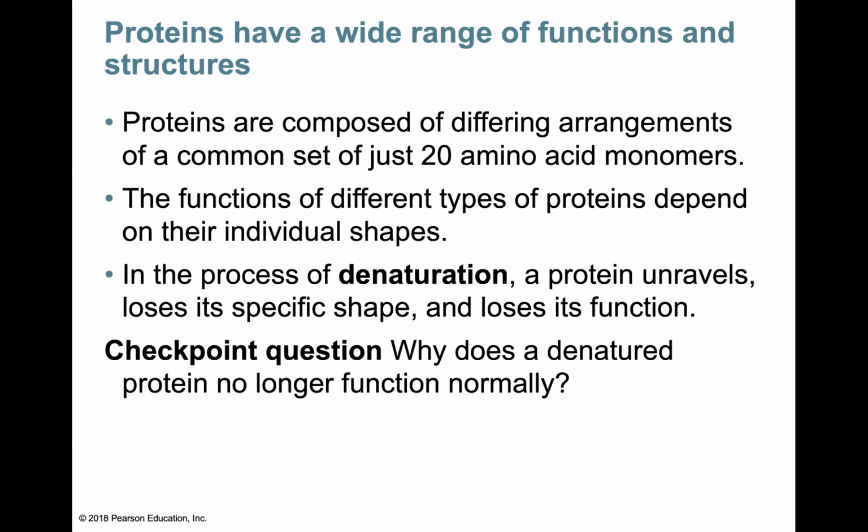It's losing its original shape. And we know that there is a direct relationship between structure and function of biological molecules. So checkpoint question: why does a denatured protein no longer function normally? We're thinking here about the relationship between structure and function.